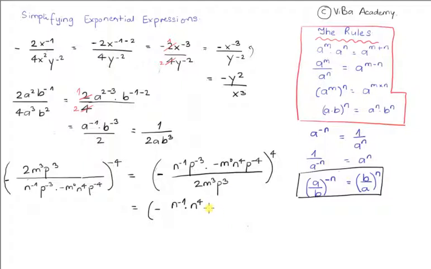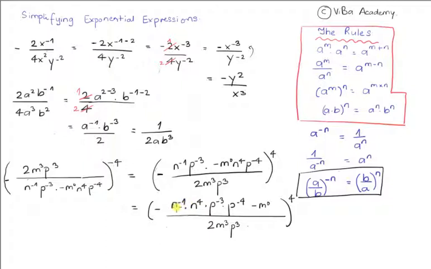Let's get all the p's now, times p raised to negative 3 times p raised to negative 4, minus n raised to 0 divided by 2m cubed p cubed, all of this raised to 4.